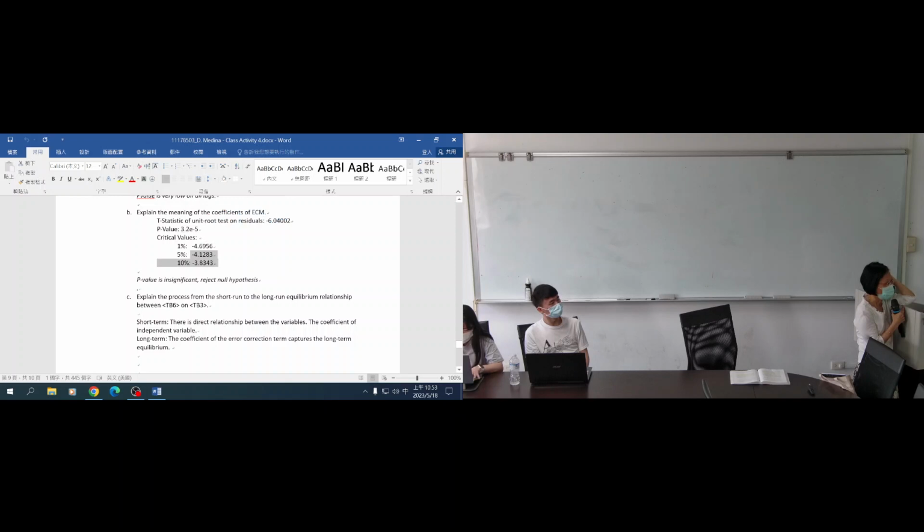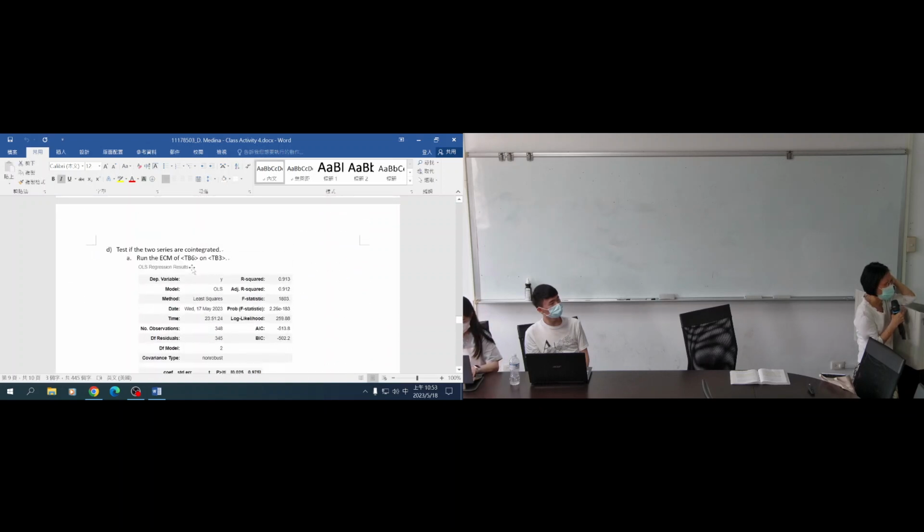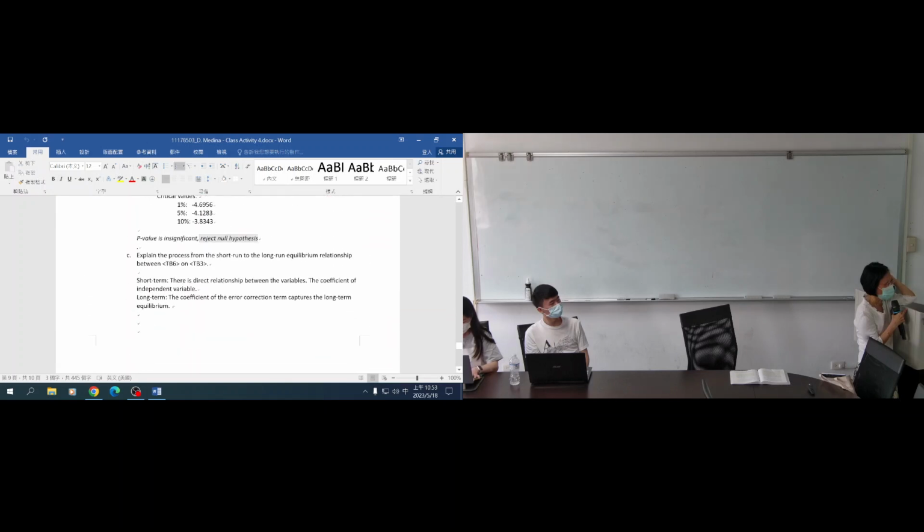Then all my critical values are negative. So I'm rejecting the null hypothesis. So that's cointegration. So they have cointegration, Professor.